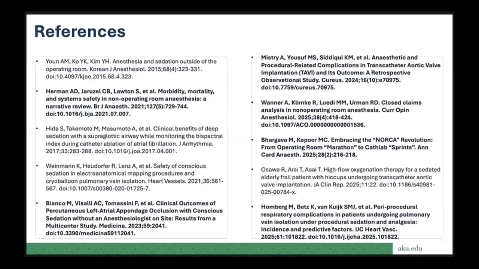So, Dr. Jasim, as I mentioned, the most common predictors are related to the patient, the procedure, and the environment. The patient-related risk factors include elderly age, frailty, neck circumference greater than 40 centimeters, and a history of OSA, COPD, or heart failure.